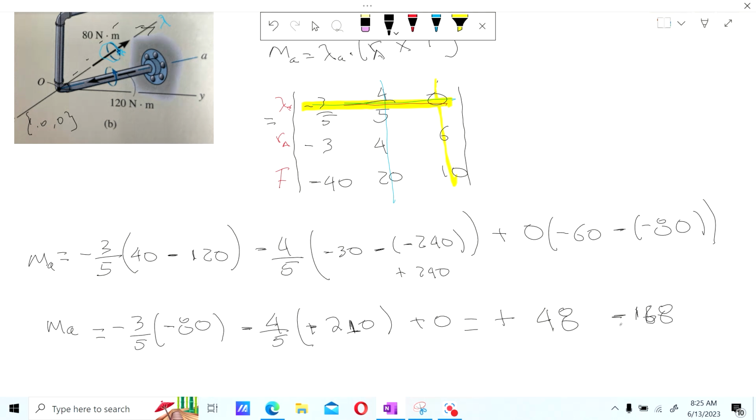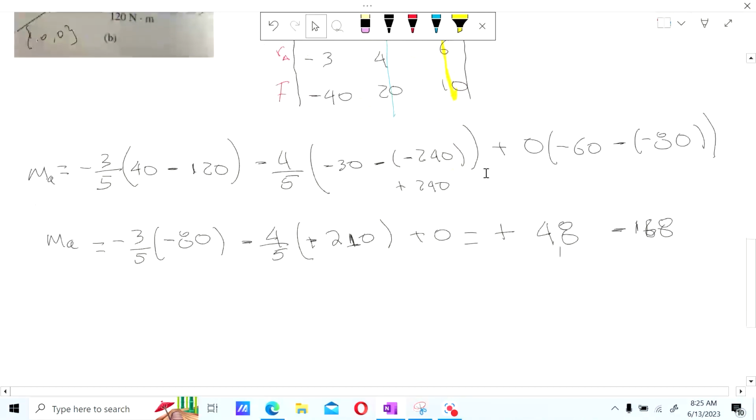Okay, so we're gonna have a negative number here. So this is 8 and 8 is 160. So this is equal to negative 120. And the units are Newton per meter.